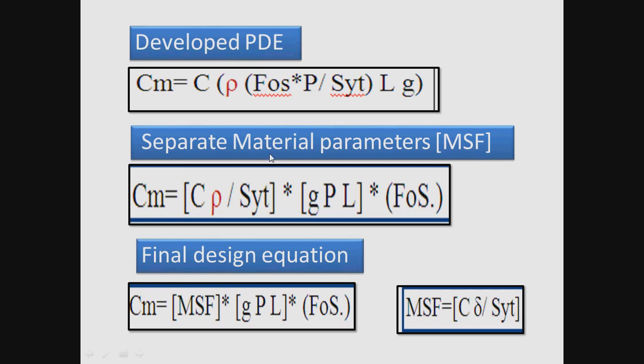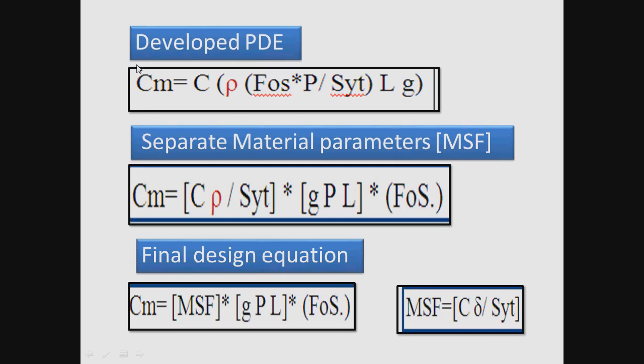Why? Here we need to select the material which will lead to the minimum cost, so the selection of material depends on minimizing the cost. That's why we need to separate the material parameters.